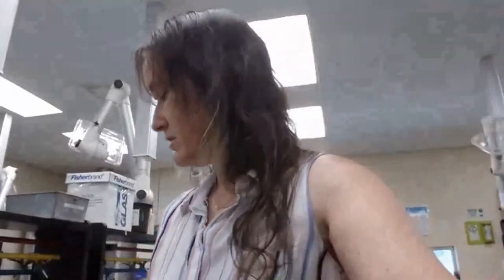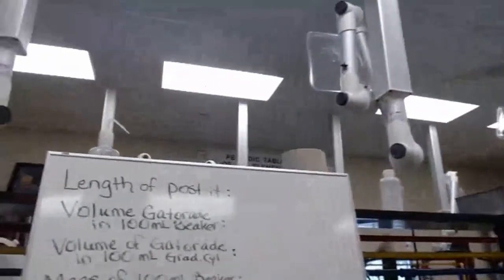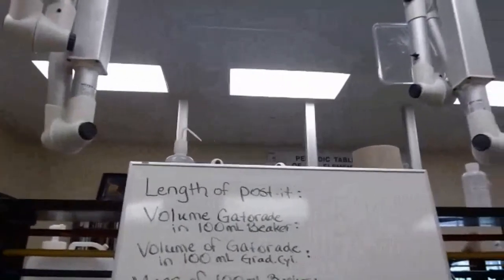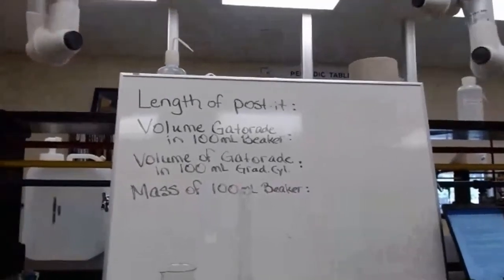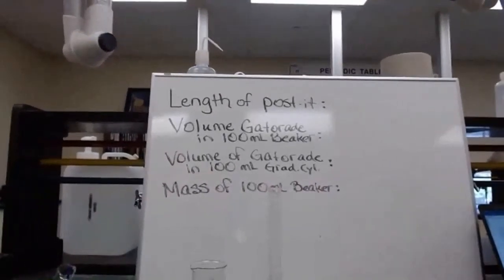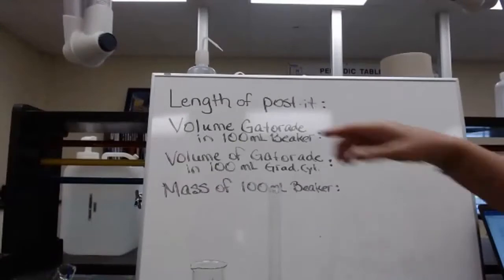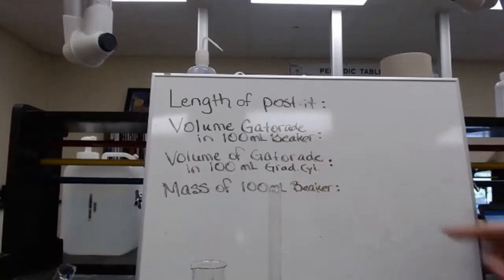I'm going to record that in my data table, which for our video here is going to be on this board. And so in a data table, you will see a description. When you record a measurement, you look for the description of the measurement that you just recorded. So I just recorded the mass of a 100 milliliter beaker.